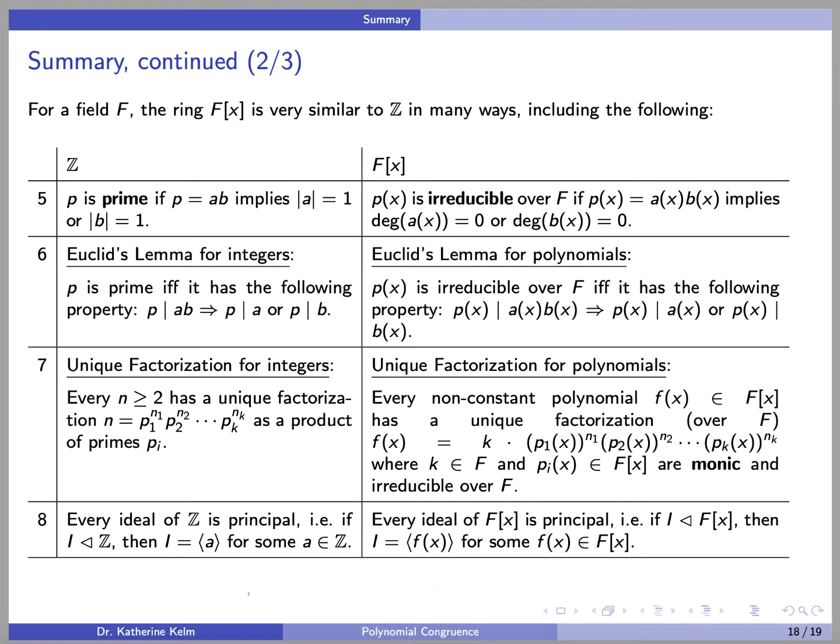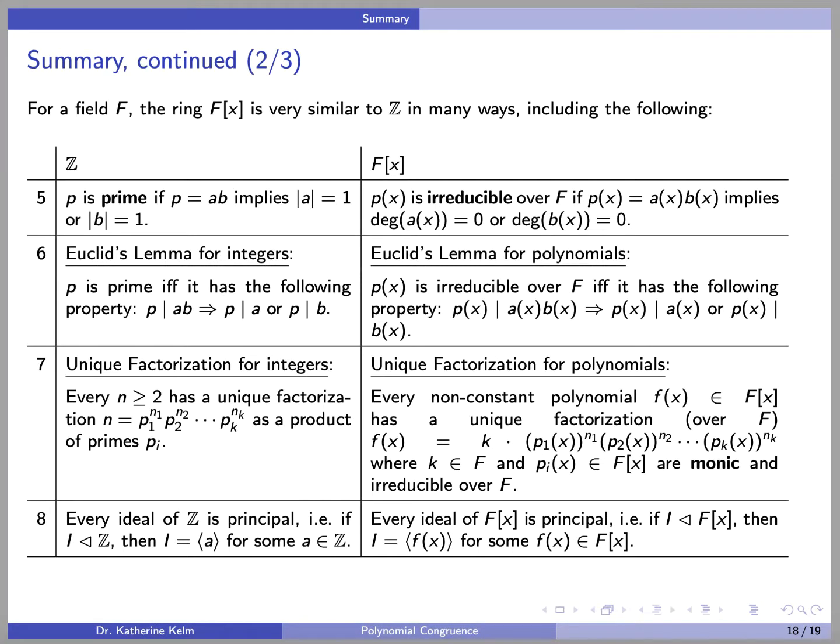Any integral domain for which every ideal is principal is known as a principal ideal domain, or PID. And so what item 8 is saying is that both Z and the polynomial ring with coefficients in a field F are PIDs.